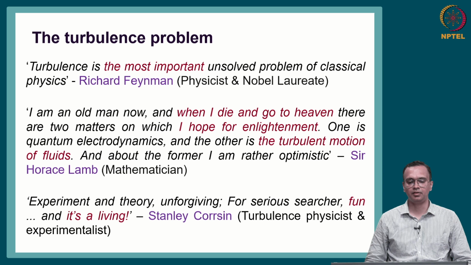And then if we look around and see what are the statements made by some of the popular scientists, we see that the first statement is coming from Richard Feynman, where he says turbulence is the most important unsolved problem of classical physics. This is coming from a physicist, and even today the statement is true. It is still a problem that is not solved.